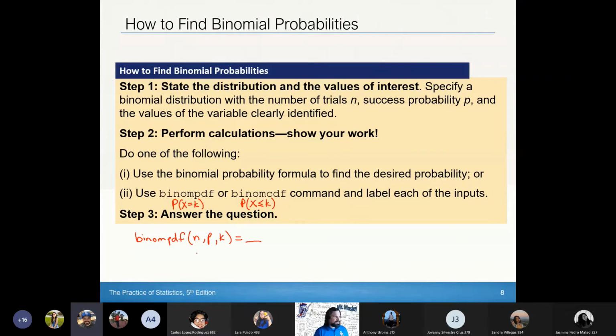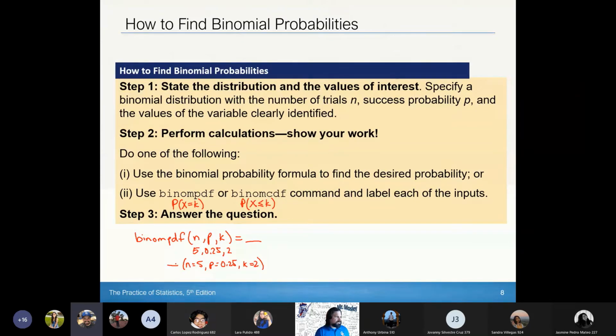So in our example, you would use binom PDF and you would write 5 trials, 0.25, and 2. And to be even more clear, it would be best to write it as n equals 5, p equals 0.25, and k equals 2.